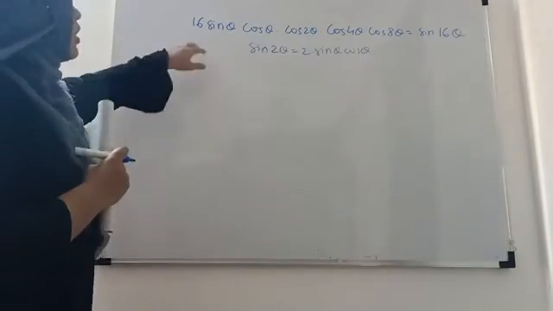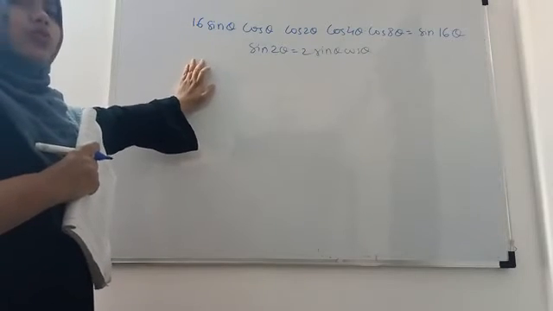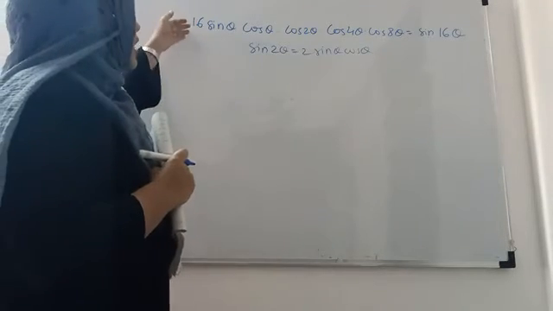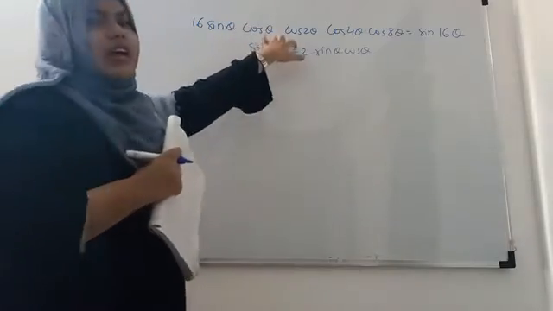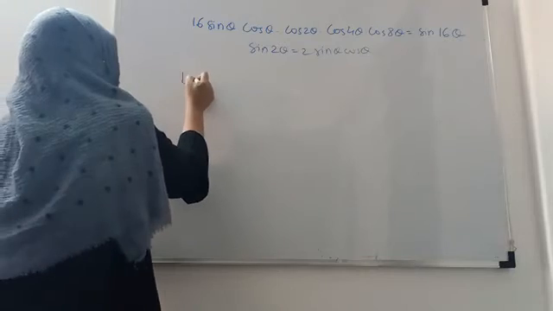Okay, so here 16 is there. We will factorize this 16 into 2, 2, 2, 2, and every time we will get that 2 inside the bracket and make the formula of sin 2 theta. Okay, so we'll start with LHS.